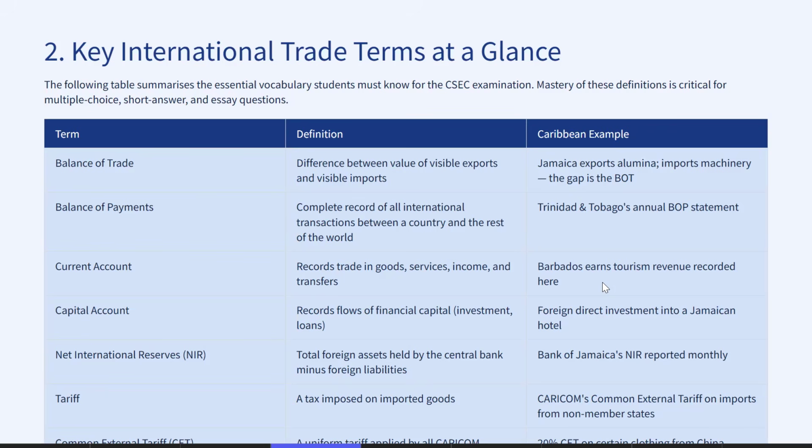The capital account now shows the flow of funds associated with the purchase and sale of non-current assets specifically, stuff for investment.